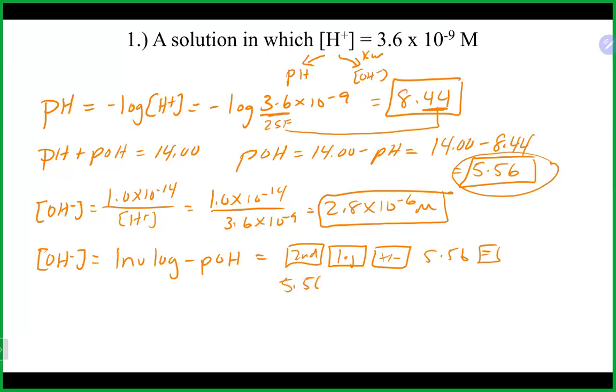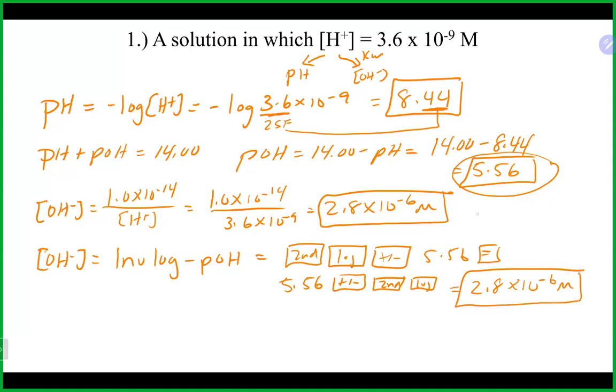On a non-display calculator, 5.56, negative, second, and log. Whichever way you go, negative 5.56 is going to get us the same thing here: 2.8 times 10 to the minus 6 molar.